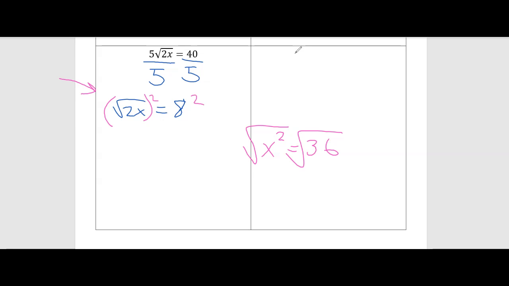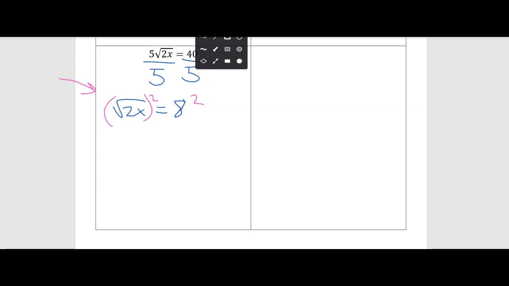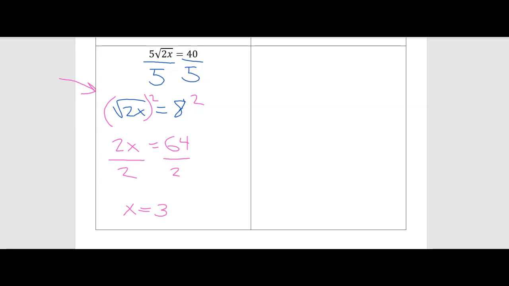And I am going to square both sides. That is going to give me 2x is equal to 8 squared, which is 64. And my final step is just to divide both sides by 2, and I get x is equal to 32.